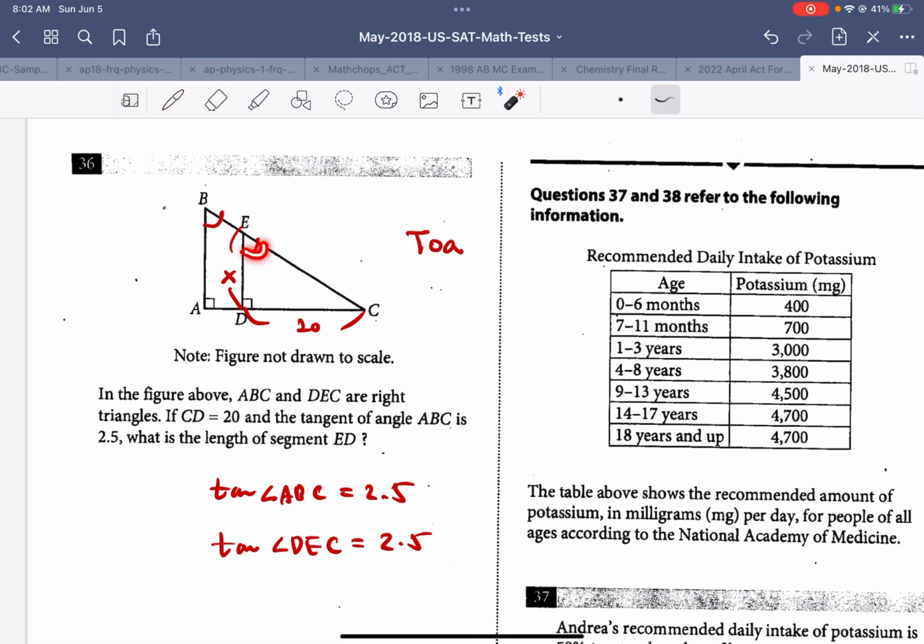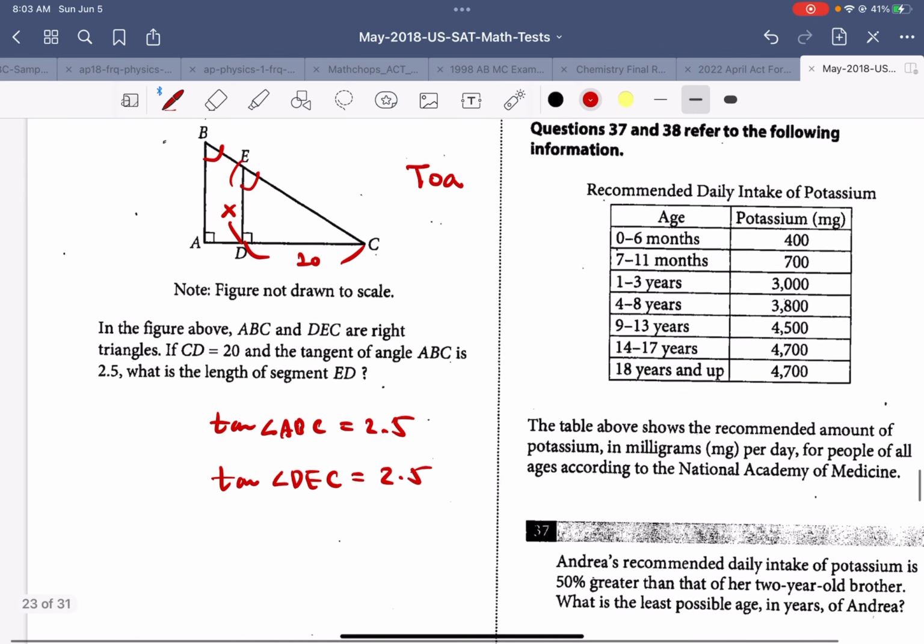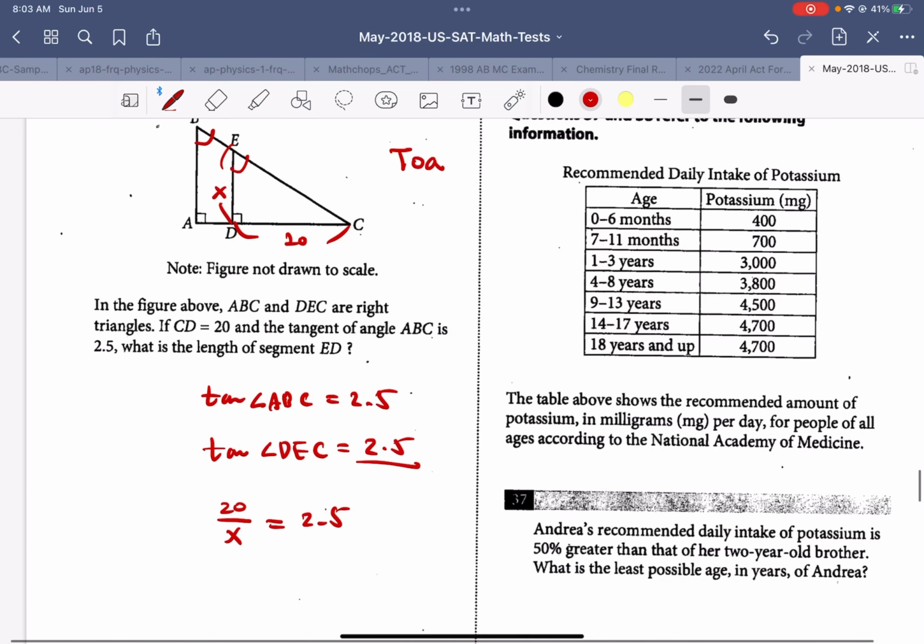So opposite over adjacent: 20 over x is the same as 2.5. So you can find the x value, which is the length of segment ED. Cross multiply: 2.5x equals 20. When you divide, x is 8. And that's the answer.